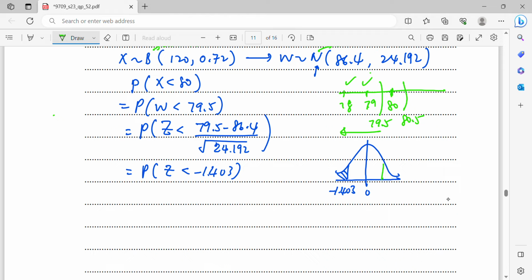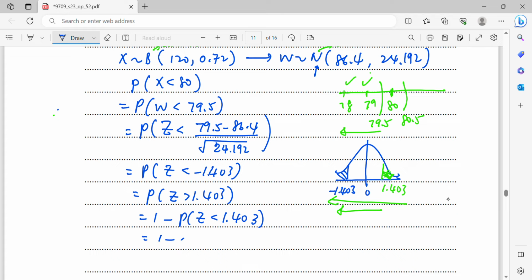When I reflect it, it will be positive, and the region now becomes right-hand side. So in order to get this probability, it will be 1 minus all the previous regions. So I will just write P(Z > 1.403), which is the same as 1 minus P(Z < 1.403). Then now I will get 0.9196 from the table. Then at last you'll be getting 0.0804. Alright, so this is the solution for part C.